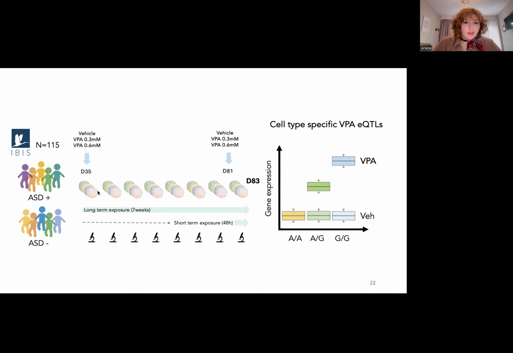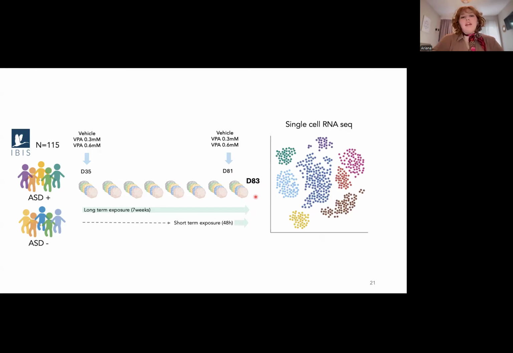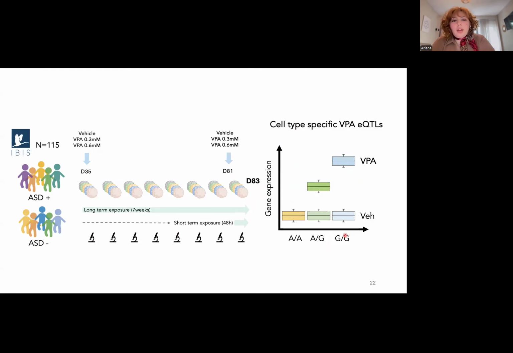Then, at day 83, we dissociate the organoids and fix them for single-cell RNA-seq. Eventually we will be able to identify valproic acid response eQTLs, where we have the vehicle condition with similar levels of gene expression, and then upon valproic acid, we see differences in gene expression depending on the genotype.